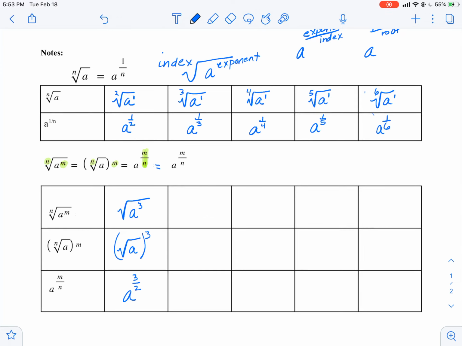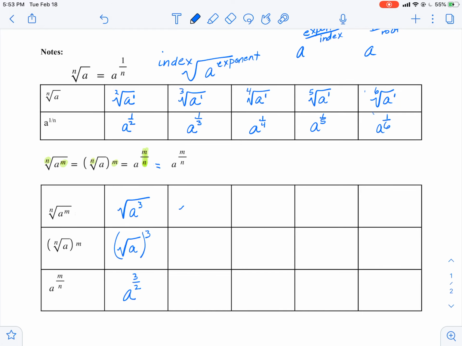Again, the power or the exponent over the root. So another one, maybe I have the cube root of a squared. That could be written as the cube root of a squared, or a to the 2/3, power over root.